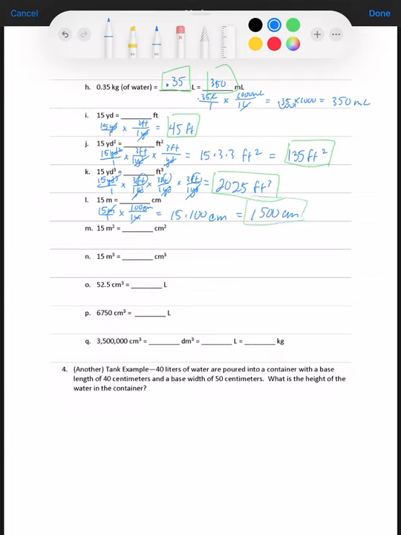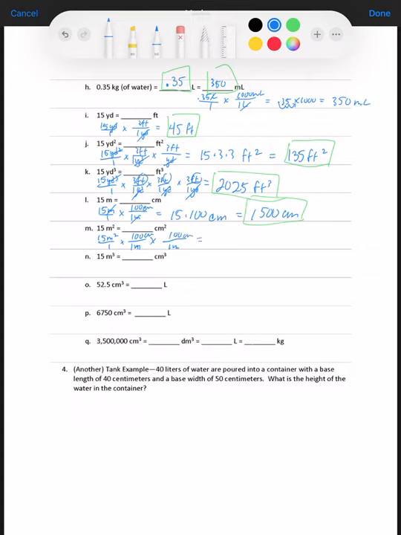Now I'm going to make these square units, converting between square units. 15 meters squared over 1 times, well, I don't remember the conversion for meter squared to centimeter squared, so I'm going to use two conversion factors, which are 1 meter for every 100 centimeters, and 1 meter for every 100 centimeters.